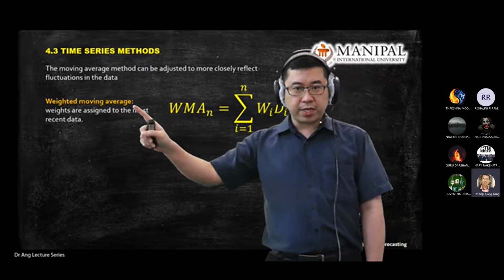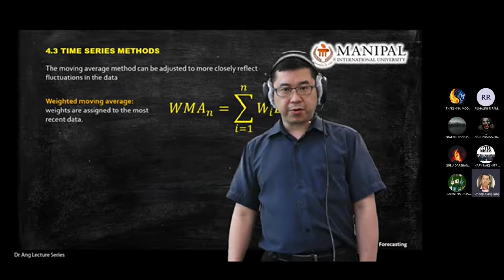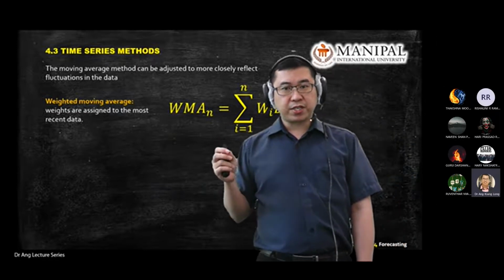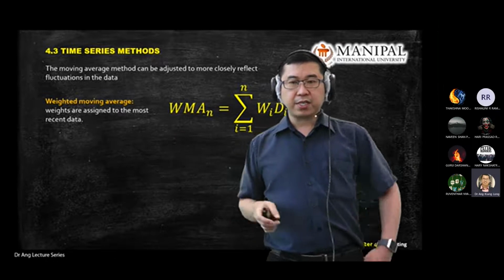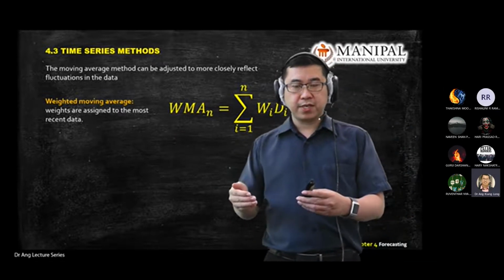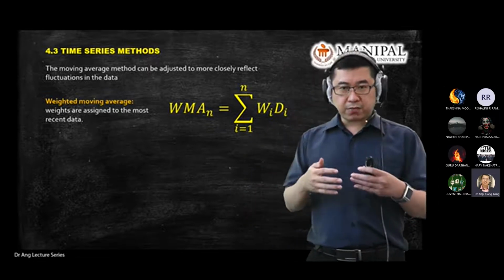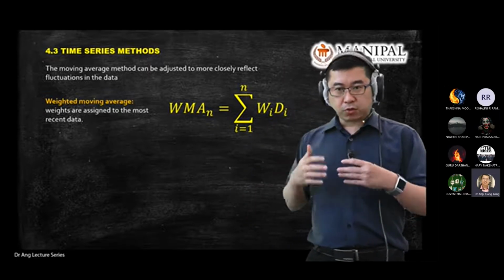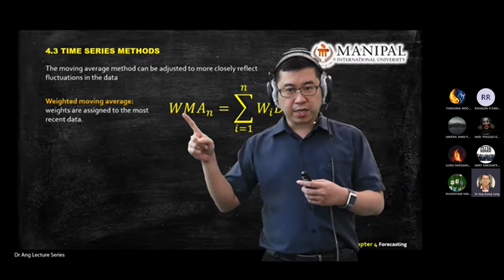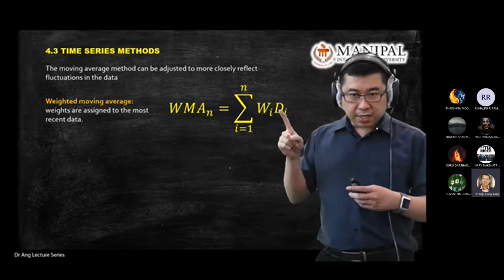Then you are doing the moving average. Weighted moving average is another method we use for forecasting. Previous lecture we stopped at moving average. Today we learn weighted moving average, with a constant value on the demand.